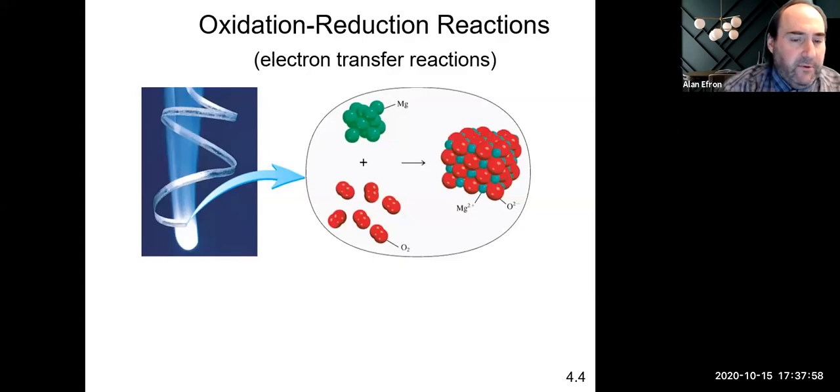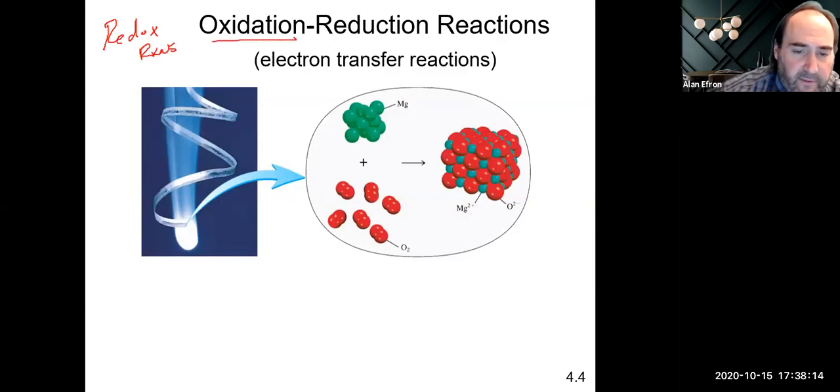The next big group of reactions that we're going to talk about are what are referred to as redox reactions. Redox stands for oxidation and reduction reactions.